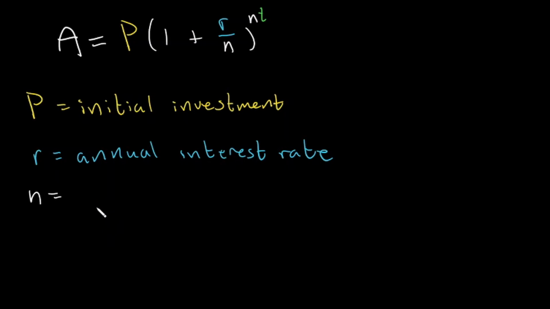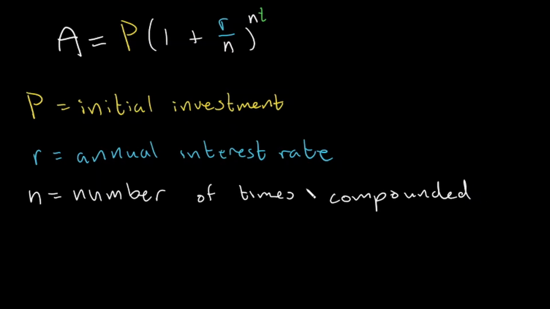It can also be compounded monthly, weekly, daily, or even continuously. We'll look at that later because that's a different formula. So n is going to be number of times compounded. And then t is going to be time, but it has to be in years.